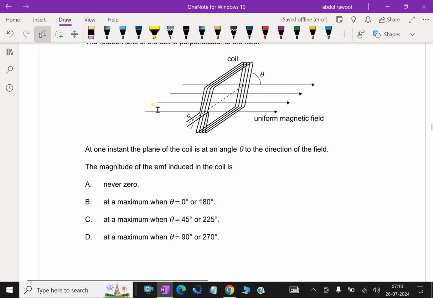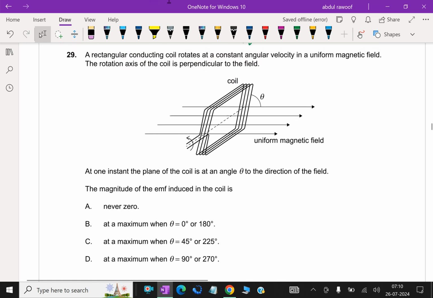Then next question. A rectangular conducting coil rotates at a constant angular velocity in a uniform magnetic field. The rotation axis of the coil is perpendicular to the field. At one instant, the plane of the coil is at an angle theta to the direction of the field.